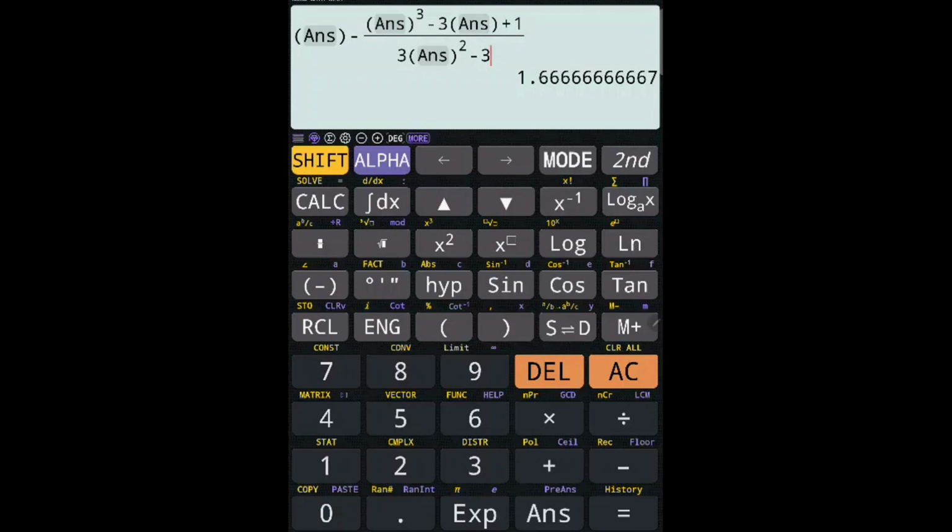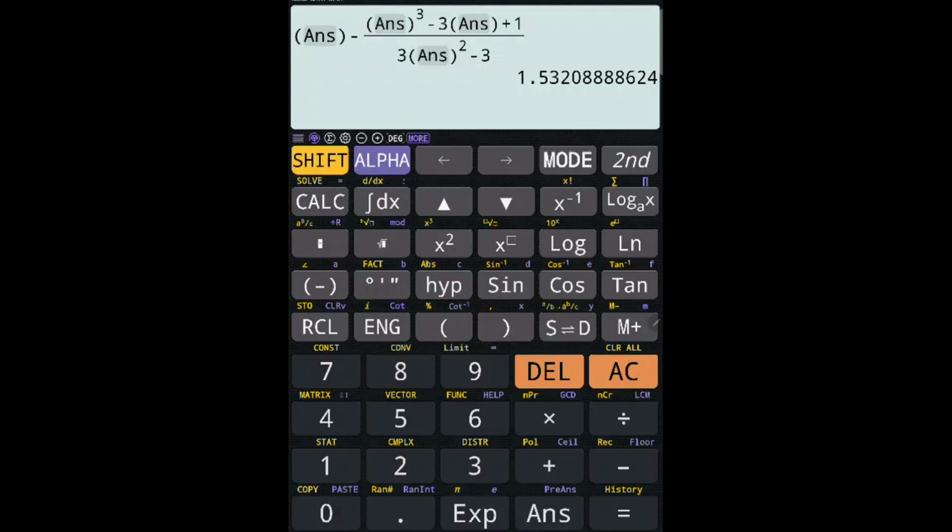What you then do is press equals again, and it generates the next solution, which is our second solution. If you press answer again on your calculator, it will generate the third solution. If you press the next one, it will generate the fourth solution, and the next one generates the fifth solution.